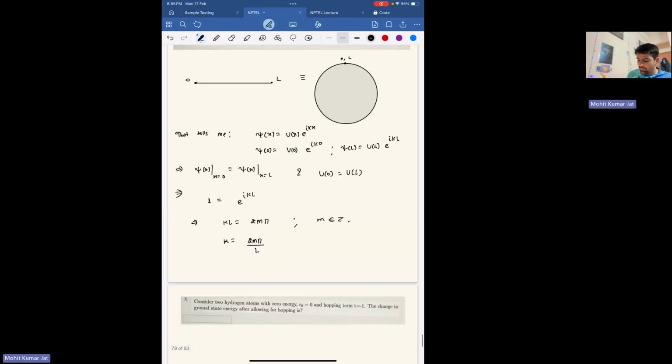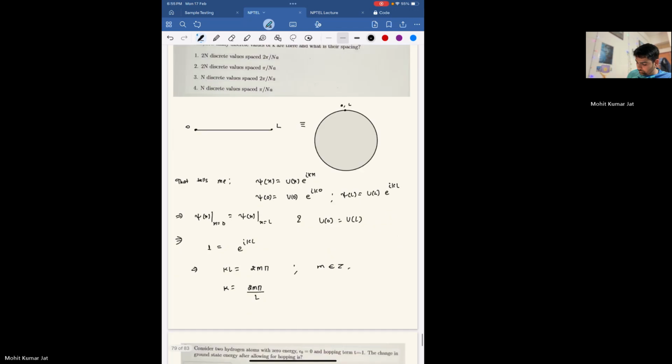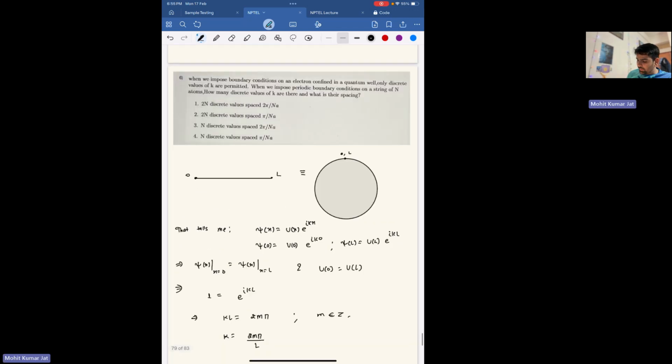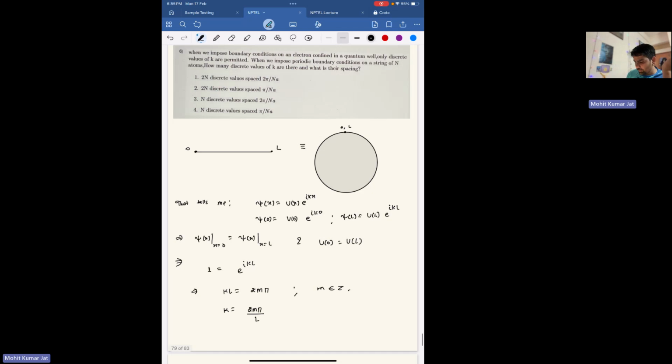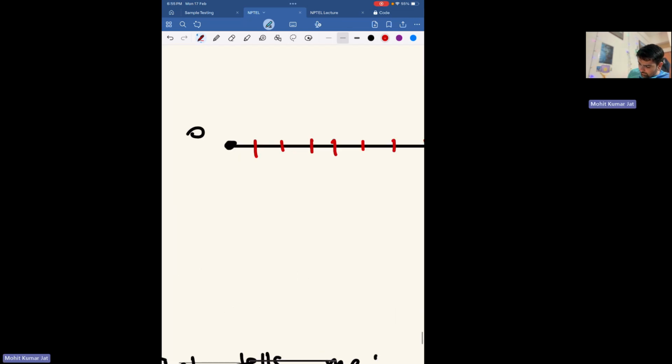So this is something. And since there are n atoms and discrete atoms which are spaced by a, so this is like such n, and this spacing is a.